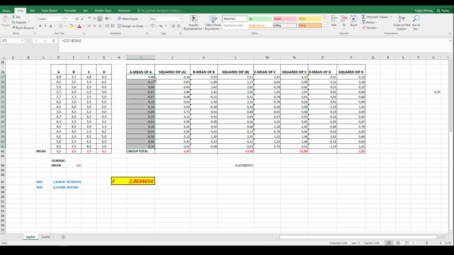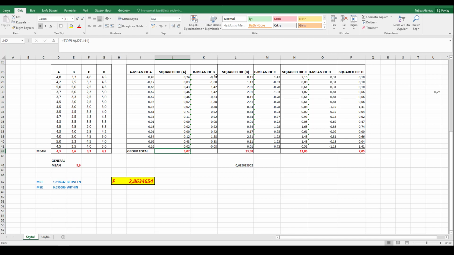For example, this number 0.49 is found by 4.8 minus 4.3, and this one is 4.2 minus 4.3, like this. And we need the squared differences. These numbers are squared differences for group A, and the group total is 3.07.